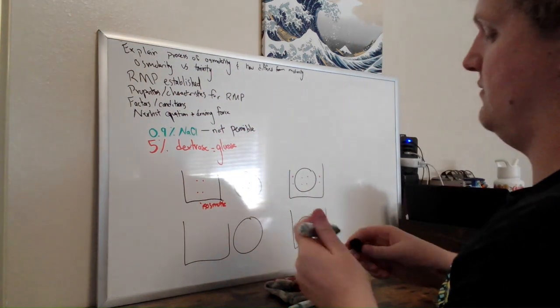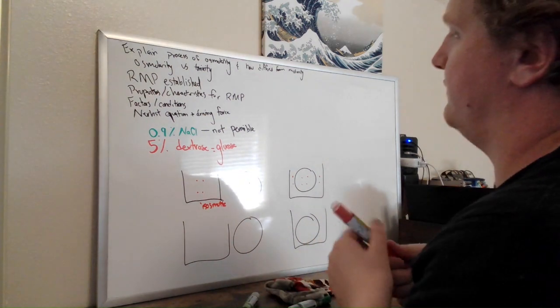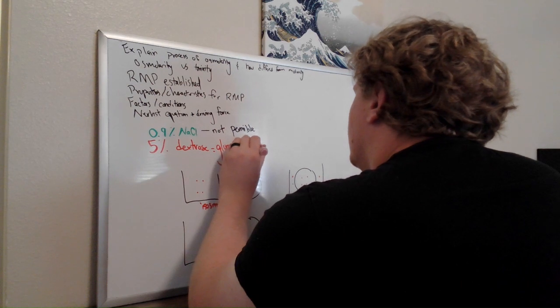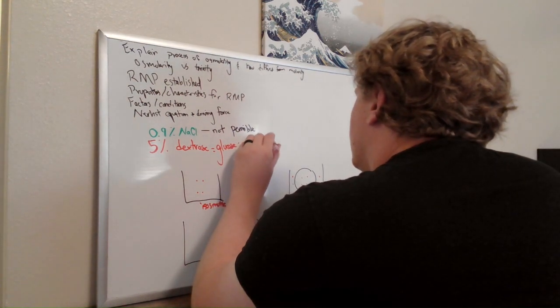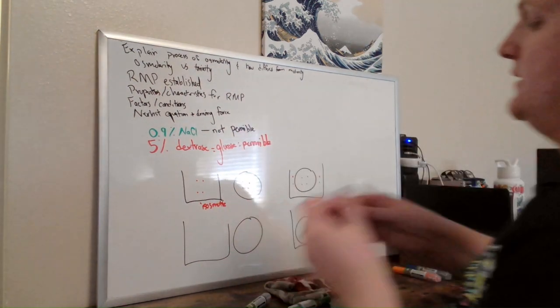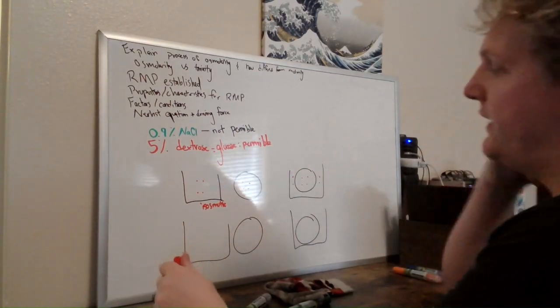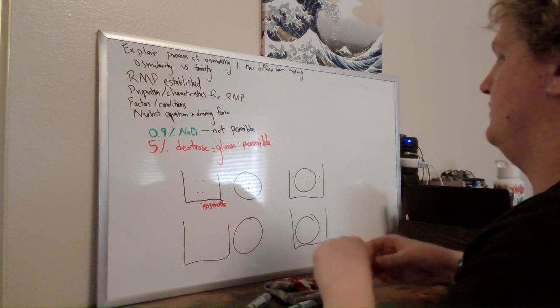It's not able to enter the cell without other help in changing different factors. Dextrose, on the other hand, is permeable. So in this example, this changes things. Looking at this, we would say, oh, that is isotonic.